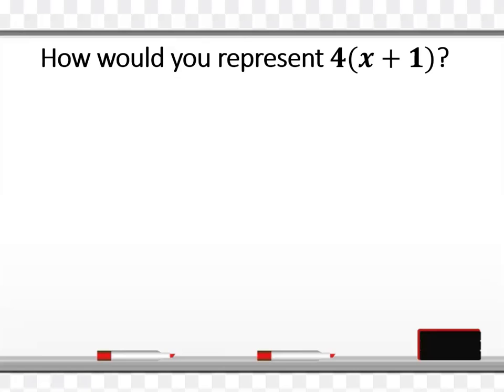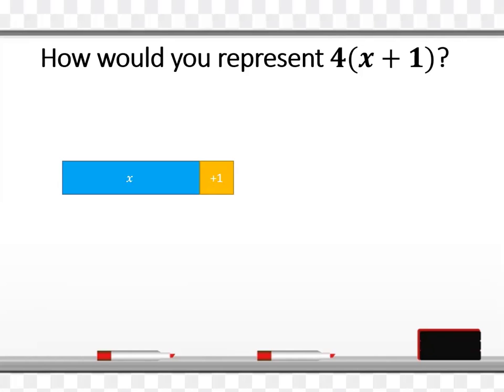Now, what tiles will we need to model this expression? So here we will need the x tile, also called the 1 by x tile, and the 1 by 1 square tile. Putting these tiles together to form a rectangle will give us x plus 1.